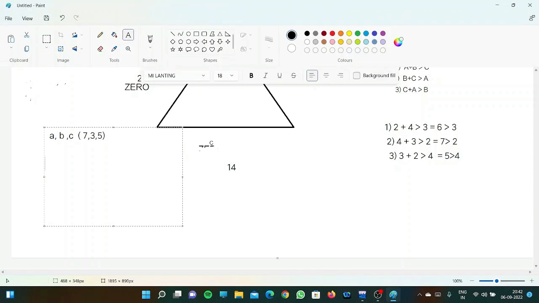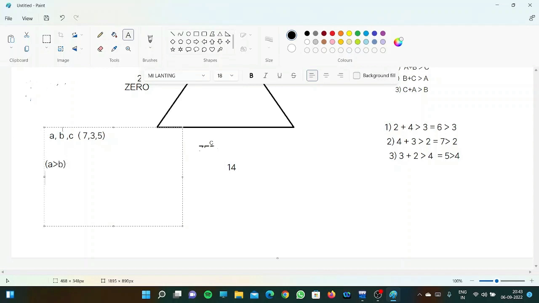Okay. Now first here again you have to use an if statement because you have to check conditions. The first condition that you will check is you pick A and you check whether this A is greater than B. So A is 7, B is 3. Yes, A is greater than B. Condition satisfied.